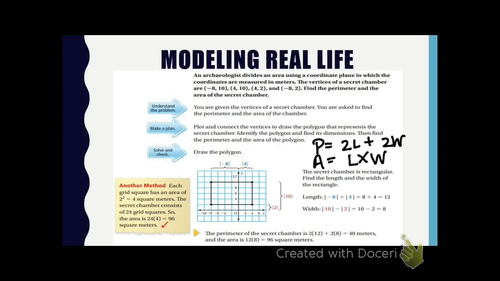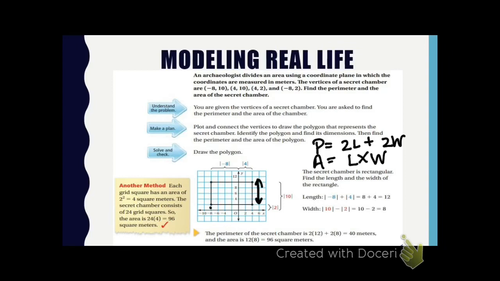All right, so to find the length, to go from one point to the next, I would need to write down those coordinates that they gave me, and I would find the distance. Then for the width, I would find the coordinates that line up, have the same value, and I would subtract them and find the distance.